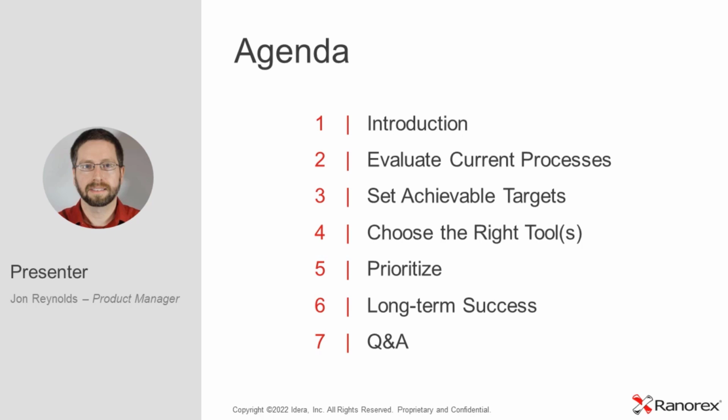Then we will look at how you can evaluate your current processes to determine where you need to automate, set some achievable targets for starting an automation project, choosing the right tool or tools for your automation project, then prioritize your automation and your tests as you work through your automation project, and then some practices to help set you up for long-term success. Following the webinar, we will also have some live Q&A for any unanswered questions that we did not get through or that we find interesting, which would be great to answer live in the webinar.